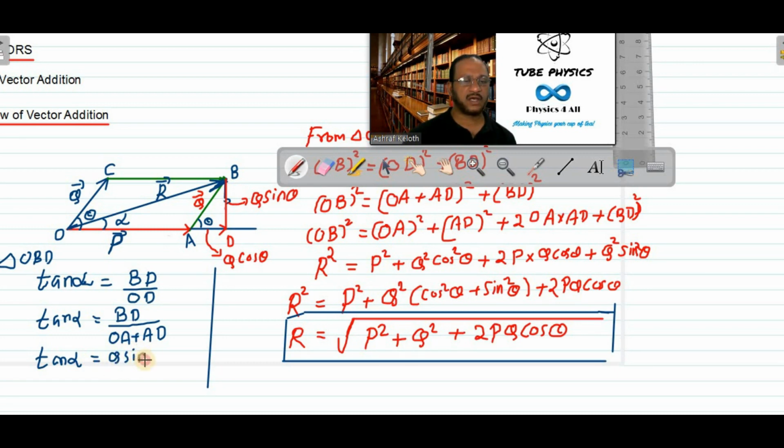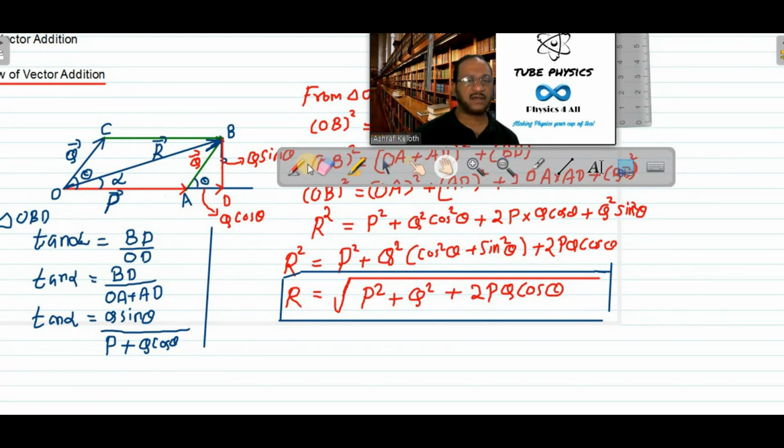Q sin theta divided by OA, which is vector P, plus AD, which is Q cos theta. So P plus Q cos theta. If you know the value of tan alpha, then you can get the value of alpha by tan inverse.